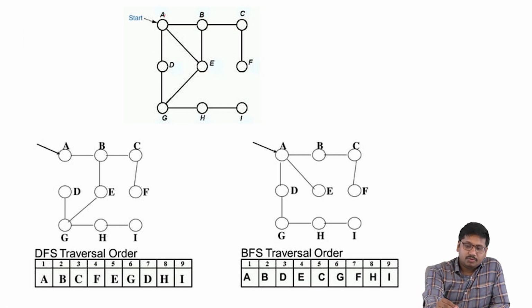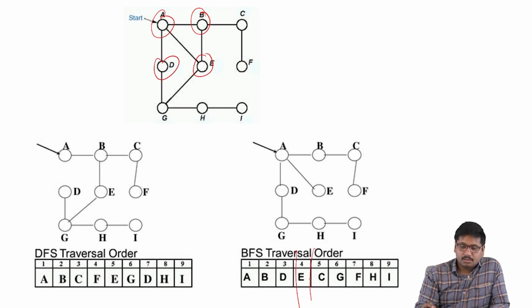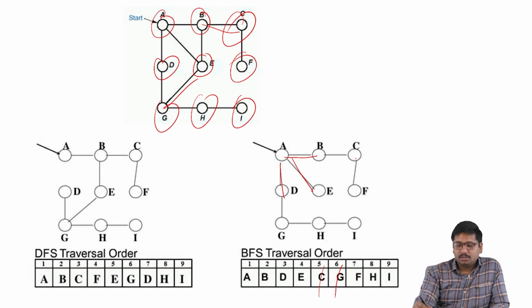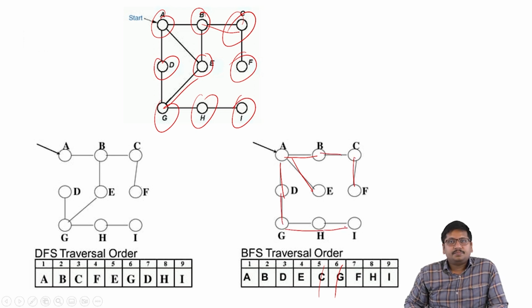For A, it should be B, E, and then D. Then the next level is C, G. And the next level H, F, and then I. So the structure is different in this case.